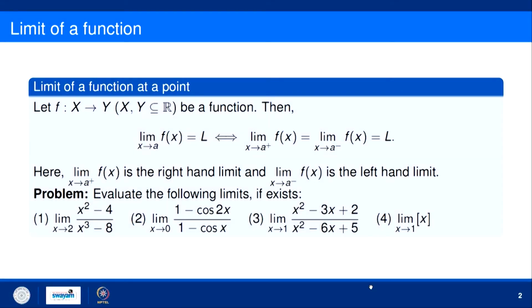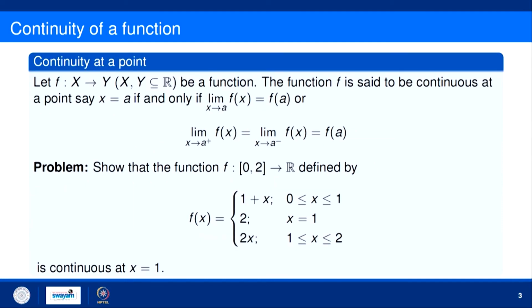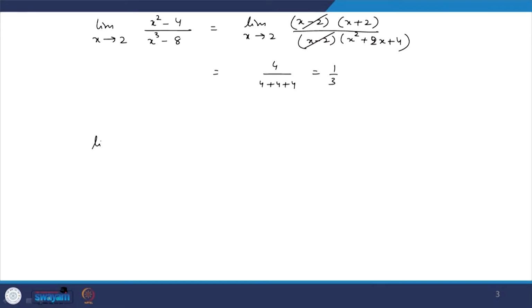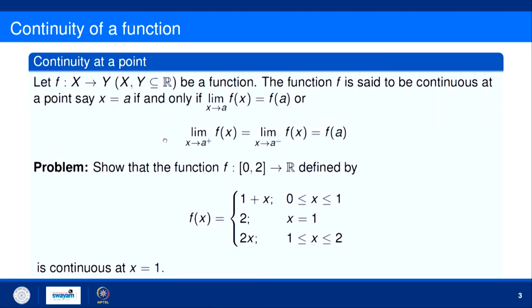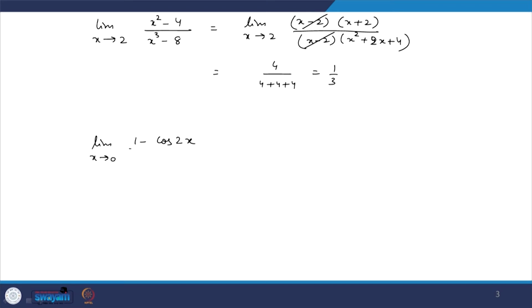Similarly, if you want to find the second limit, the limit as x tends to 0 of 1 minus cos x upon 1 minus cos 2x, it is a 0 upon 0 form. So what you will do, you will find the limit as x tends to 0, using the formula for cos 2x, 1 minus 2 sin square x.